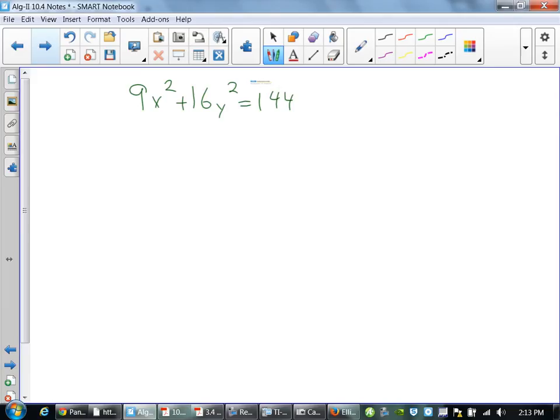Okay. So the first step, I'm looking at something like this. I have to get it equal to 1. How do I do that besides subtracting 143? Divide by 144.